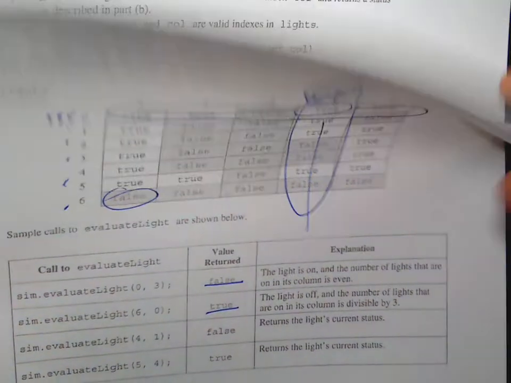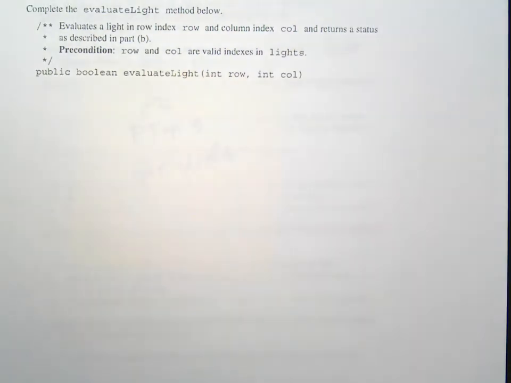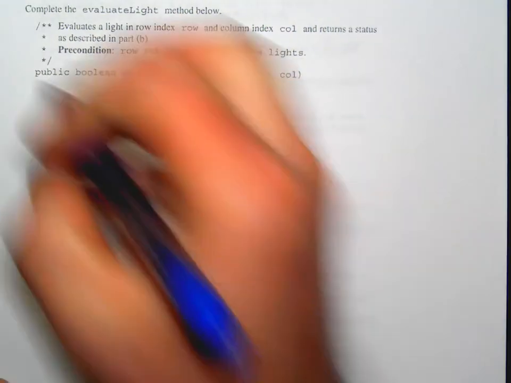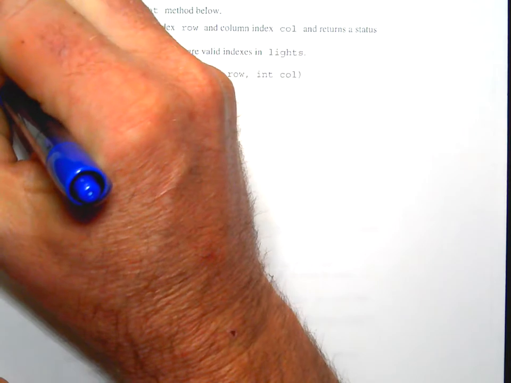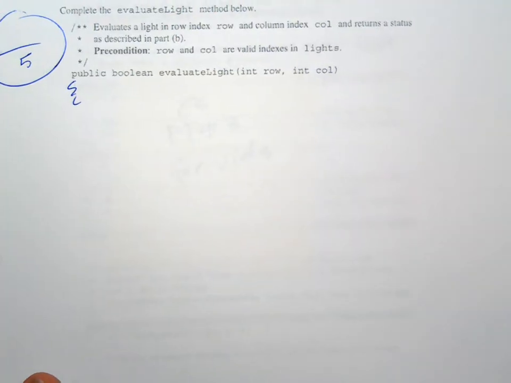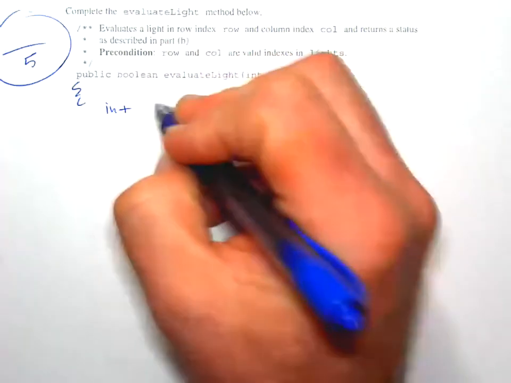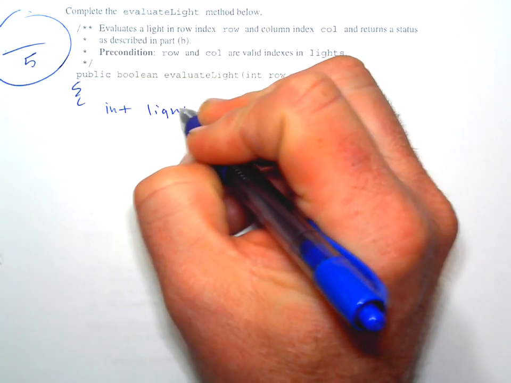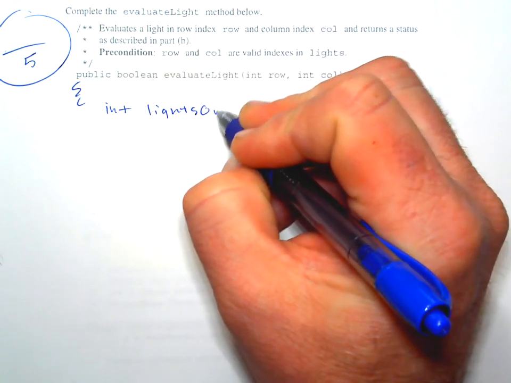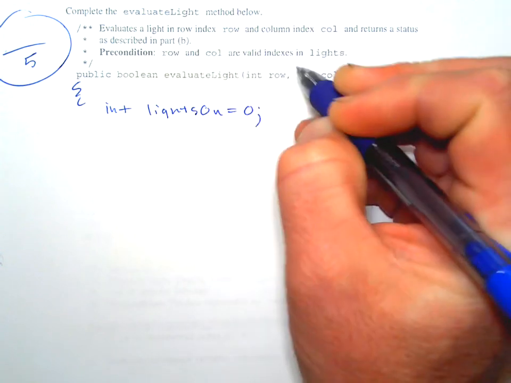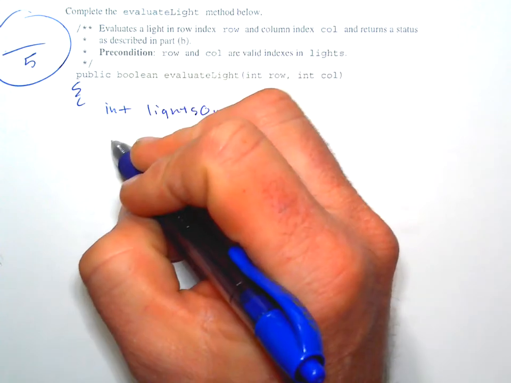So, this is worth 5 points. And so it would be helpful to have something to count the lights that are on. That's what we're trying to really analyze after we decide if the current light is on or off.